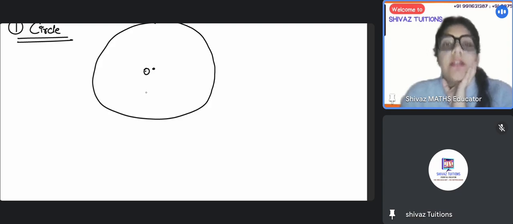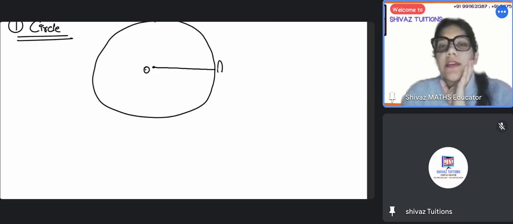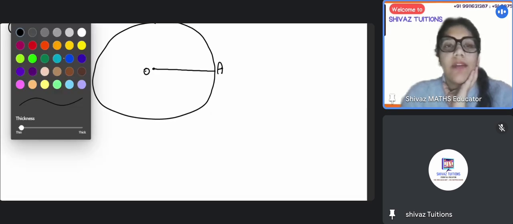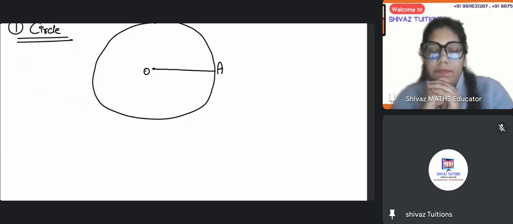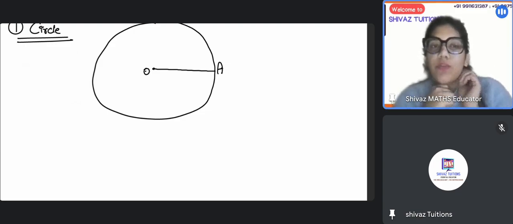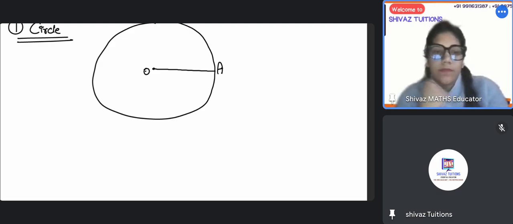If I join it with my boundary, and let me say it as A, can you tell me what is OA? It's from the center to the boundary. Yeah, it is from the center to the boundary. So, what should be the name for it? What should be the name for OA?